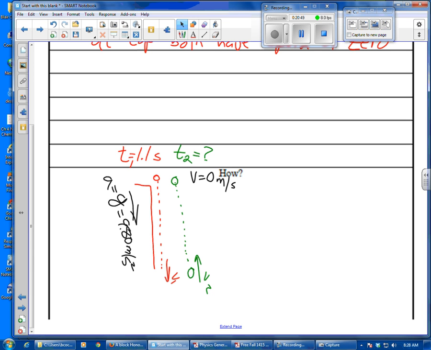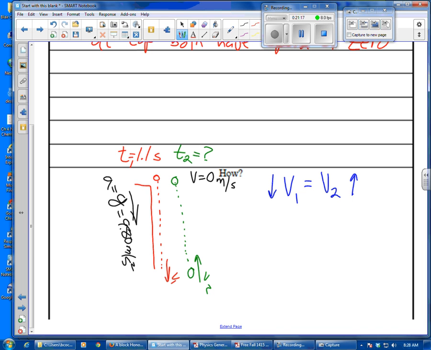This one has 100 meters to lose speed. They're losing it and gaining it at the same rate. So if they go through the same distance and have the same start, they're going to end up at the same ending point. So that's how we know that V1 equals V2. The only difference is V1 is down and V2 is up.